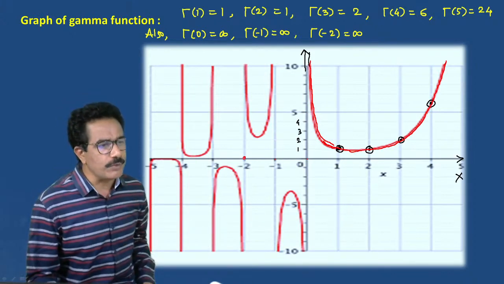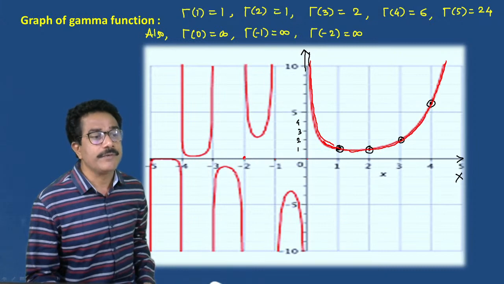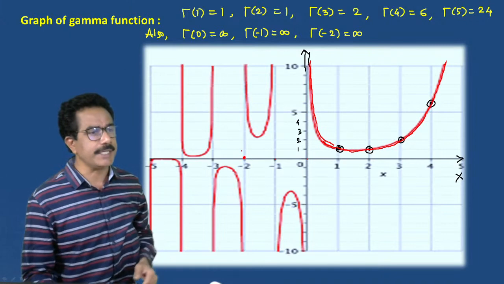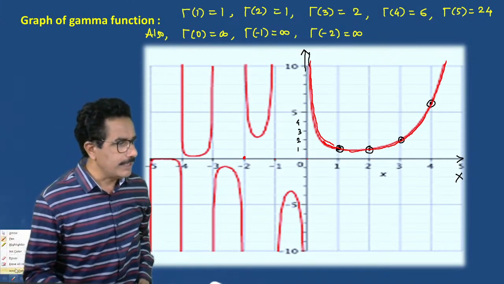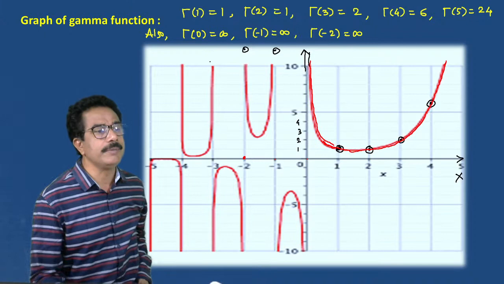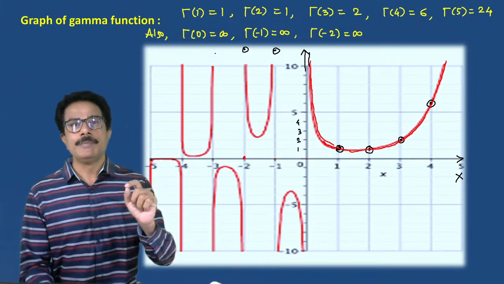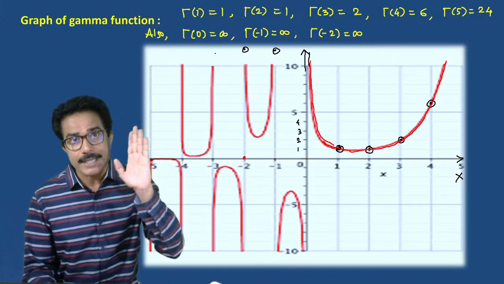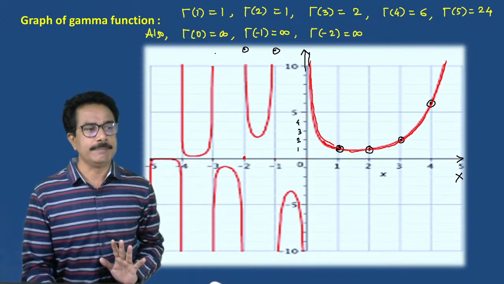When x is equal to minus 2, that point will be at infinity. We can't draw that point, but that point will be at infinity, out of the graph. So for the negative integers, the value of gamma goes up to infinity.